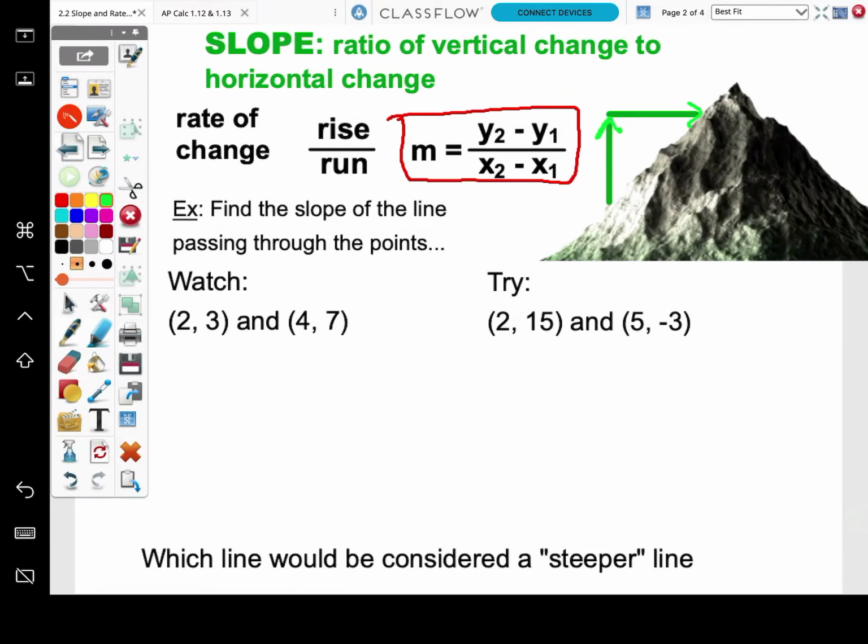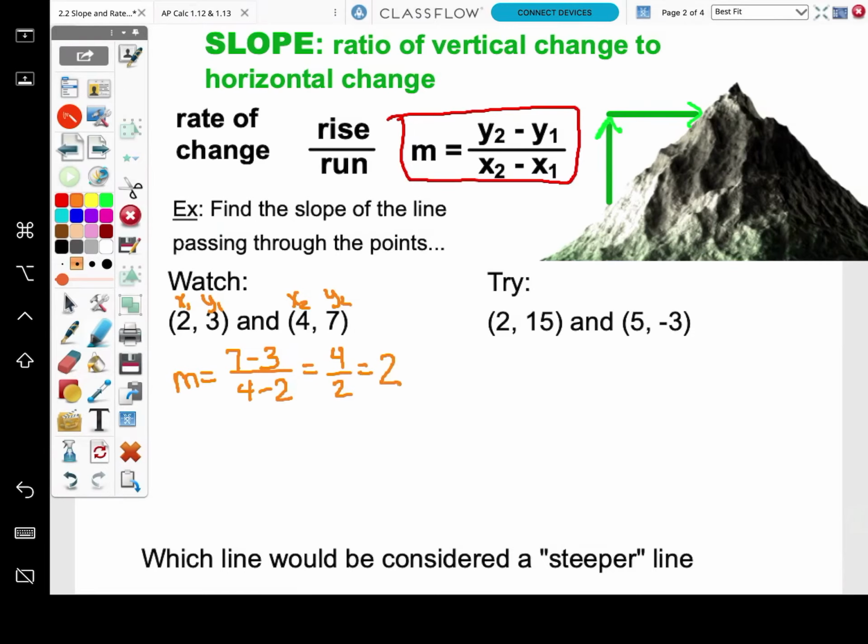So if we're going to find the slope between these 2 points here, I'll do the first one and you can do the second one and check. So I'm going to take y2. Some people really like to label these. If it helps you, go ahead and do so. So y2 is 7 minus 3 over 4 minus 2, and I'm going to simplify.